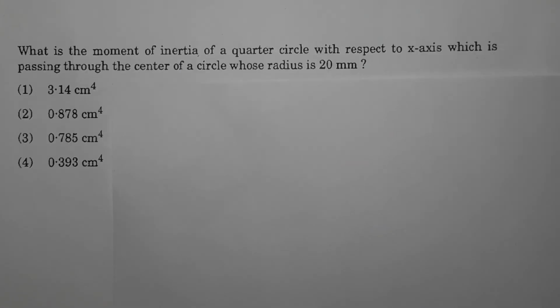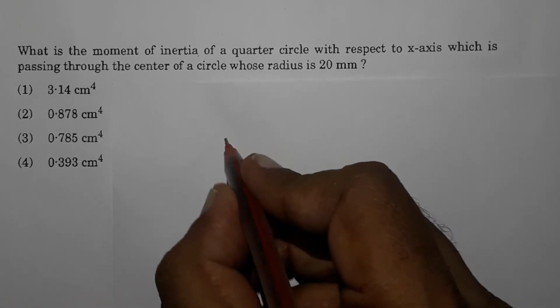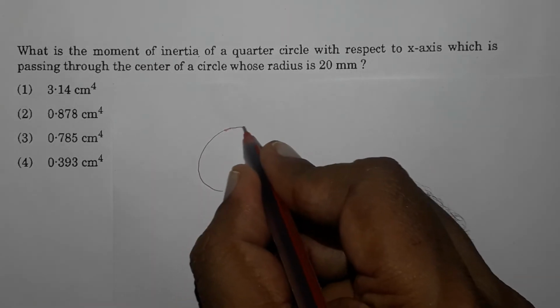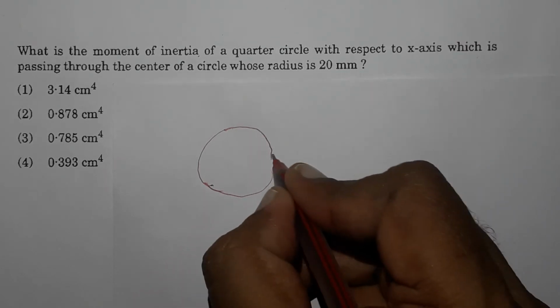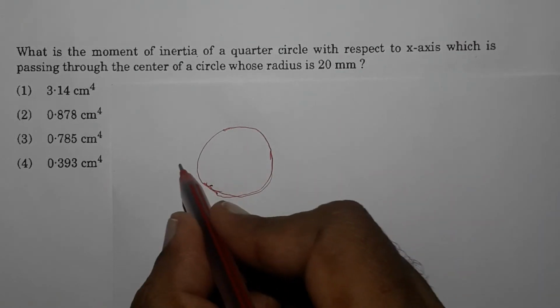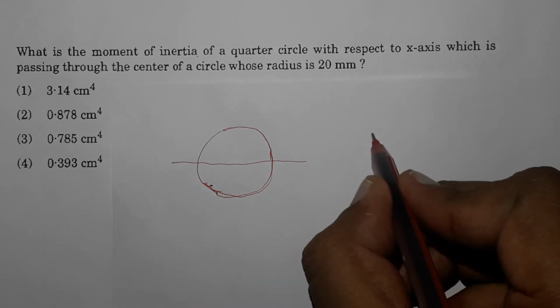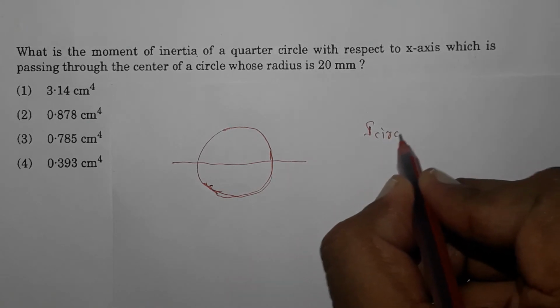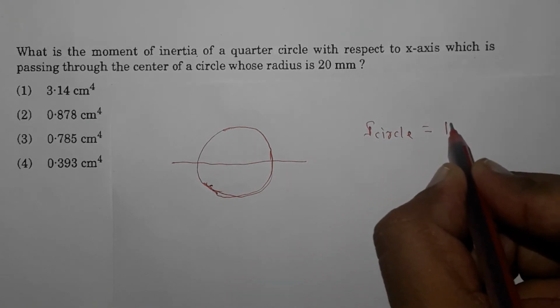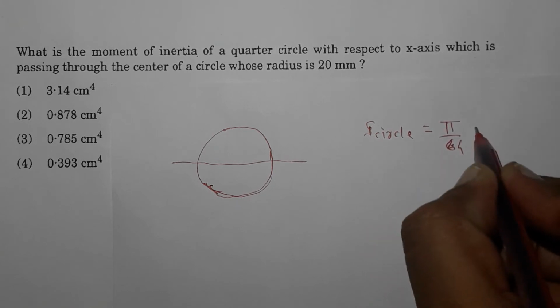Question number 5. What is the moment of inertia of a quarter circle with respect to the x-axis, which is passing through the center of a circle whose radius is 20 mm? Now if we consider a circle, let it be a circle. Now the moment of inertia of a circle about this line, I of circle, is equal to pi by 64 into d raised to 4.